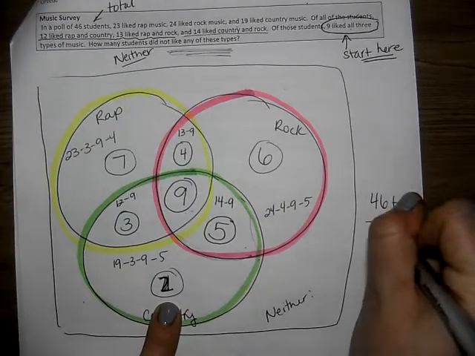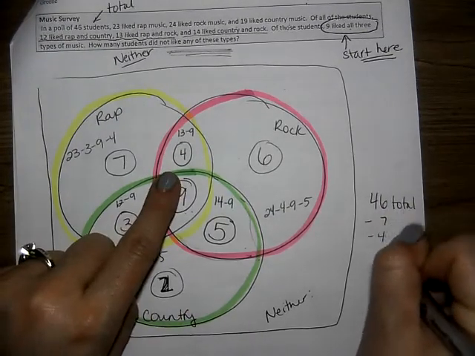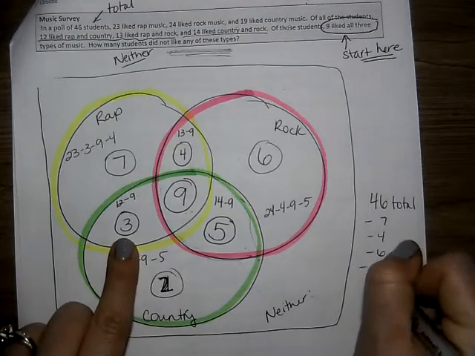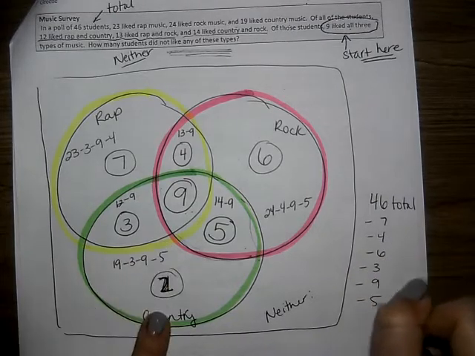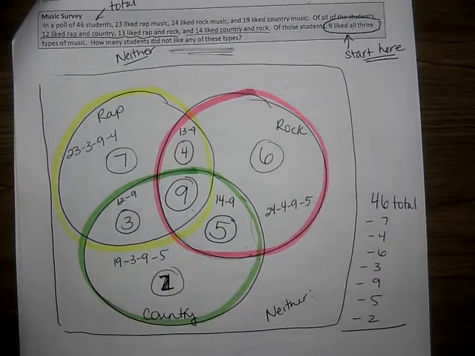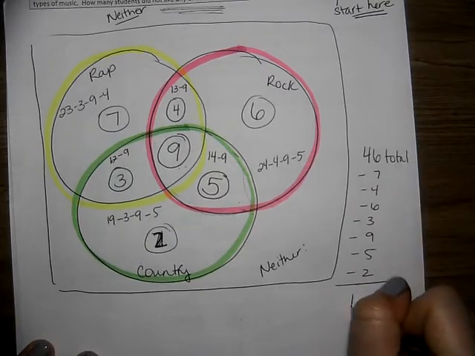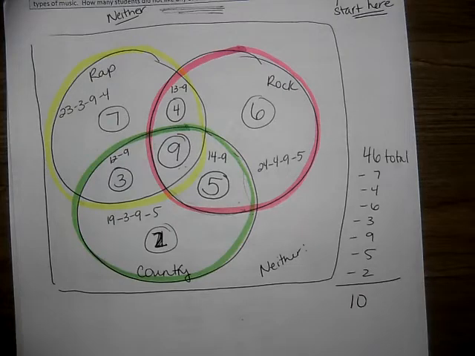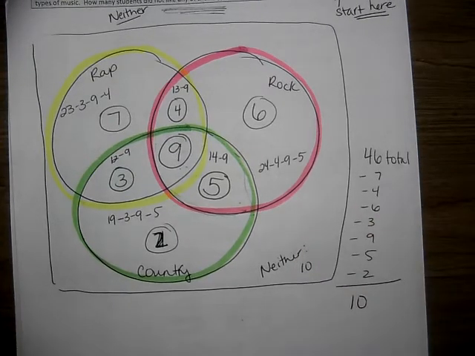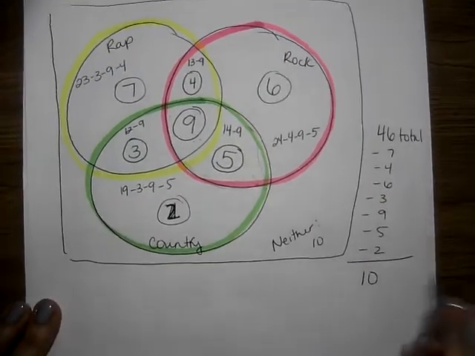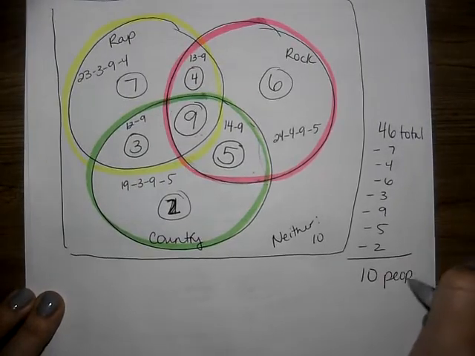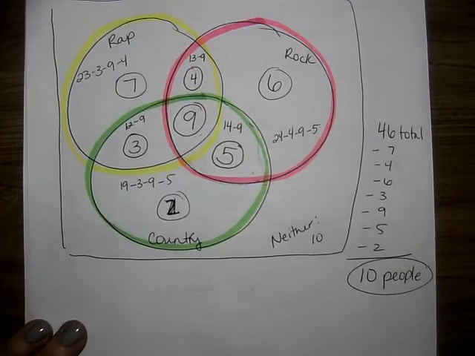So I'm subtracting 7, 4, 6, 3, 9, 5, and 2. That's going to leave me with how many people within this survey just didn't like anything. None of these choices. And when you total that all up and subtract it, you end up getting 10. So 10 is our neither category. They fit nothing. And our final answer would be 10 people in terms of our units.